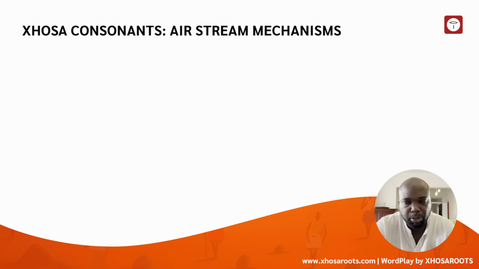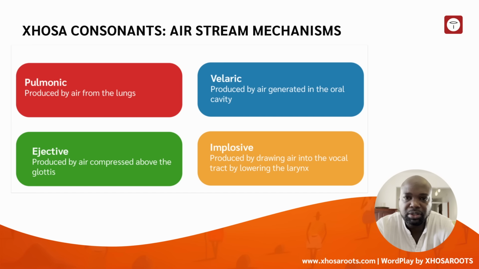Xhosa consonants are produced using 4 different airstream mechanisms. We have sounds that are produced by air from the lungs. These are pulmonic sounds, and this is by far the most common airstream mechanism for producing sounds in virtually all languages.